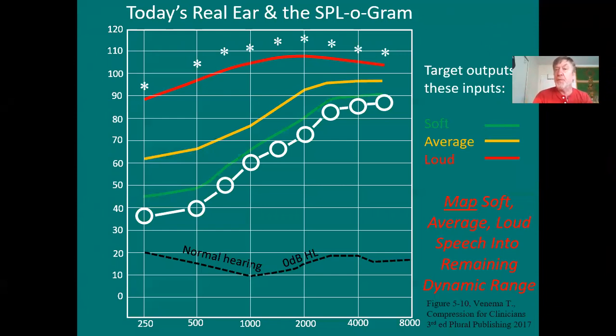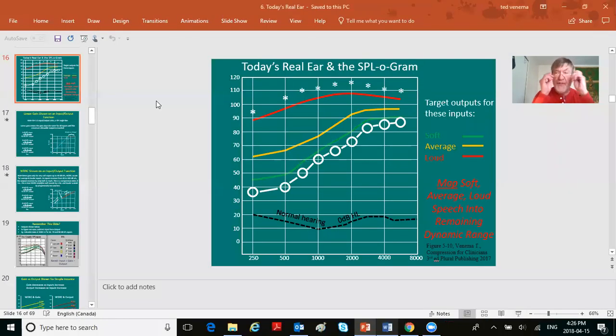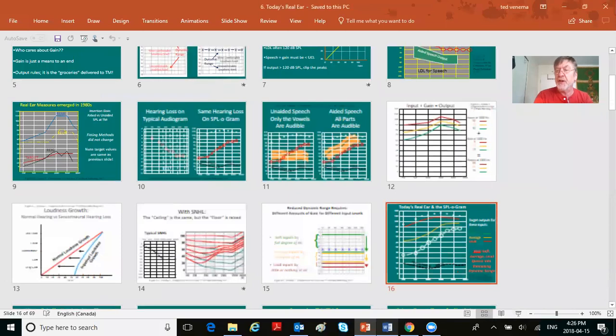You want your outputs for soft inputs to hug thresholds. You want your outputs for average inputs to be about 1/3 above the thresholds. You want your outputs for loud inputs to be below loudness discomfort levels. In all essence, that's what you're trying desperately to do with Real Ear today.